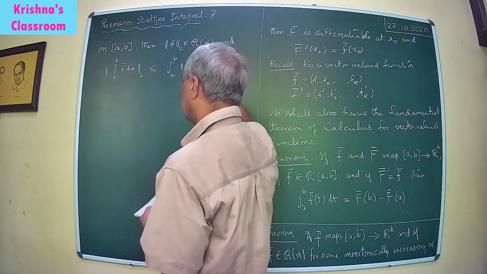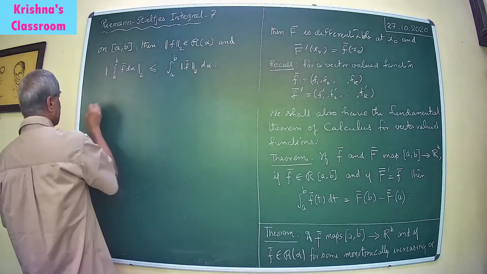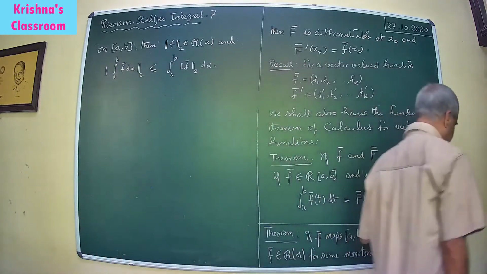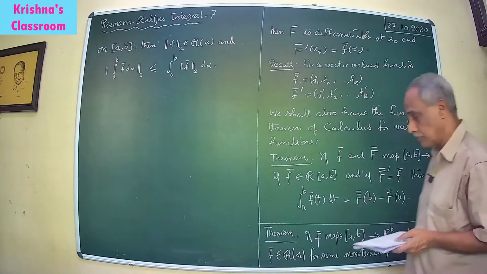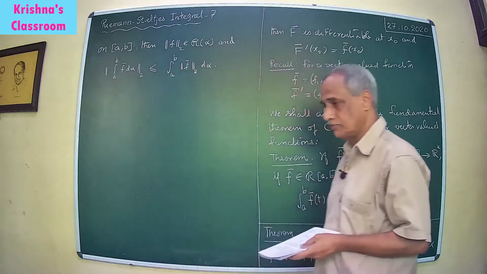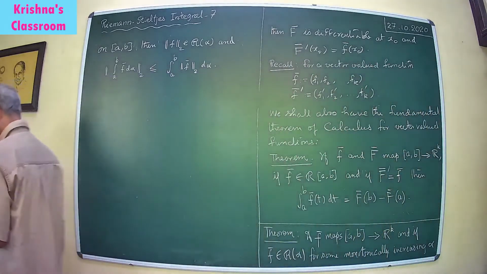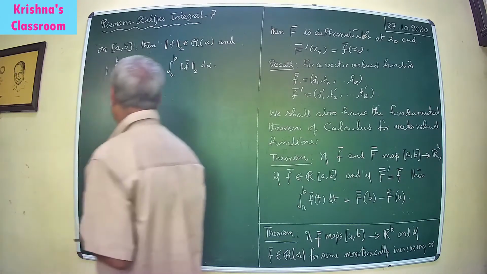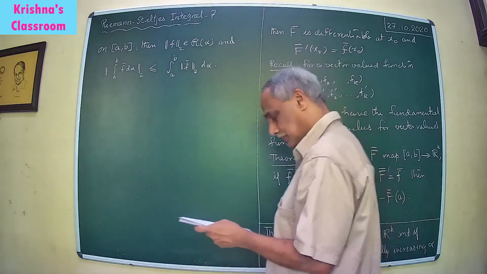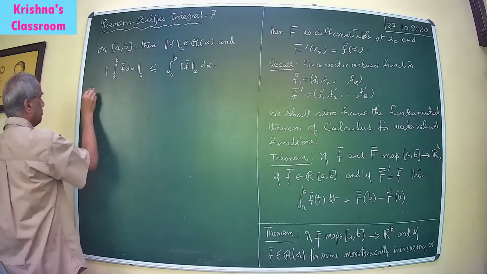Norm of f bar is a scalar valued function, and you can easily see that norm f bar is (f1 squared plus f2 squared plus etc. plus fk squared), the whole thing to the power half. Because that norm is involved, we are trying to work out a proof of this. Otherwise, I'll write down the proof, it is very fine.